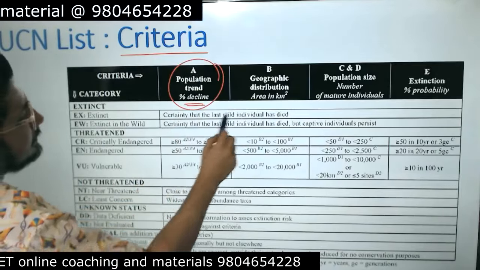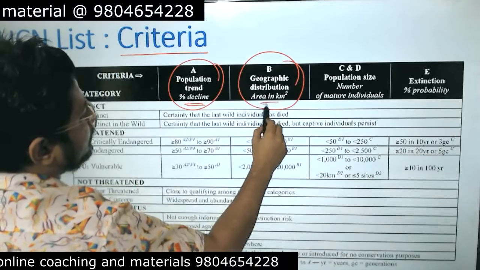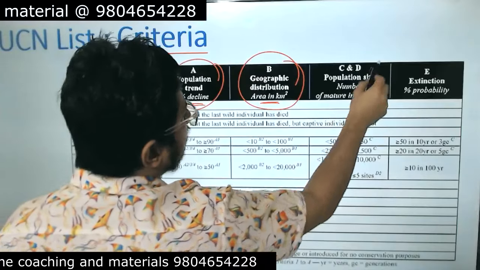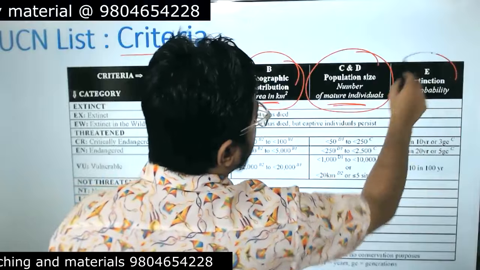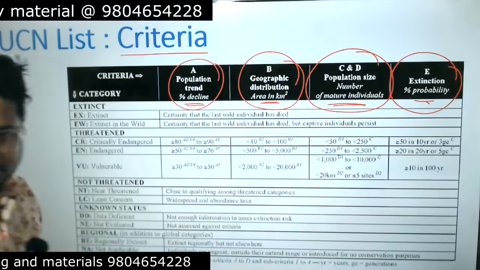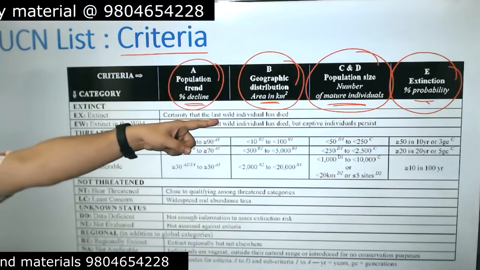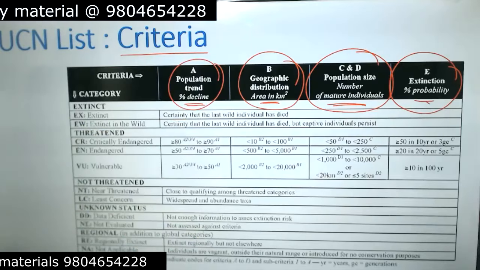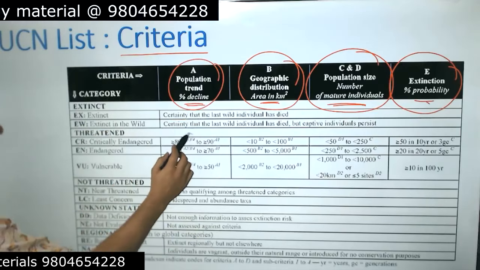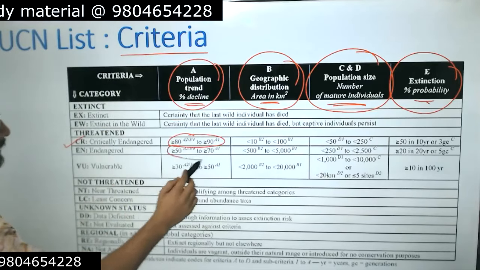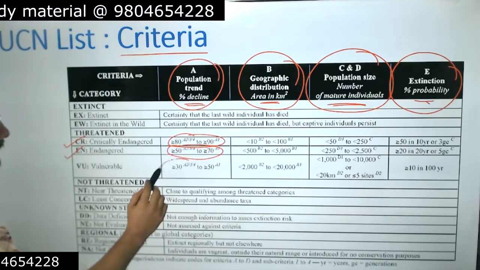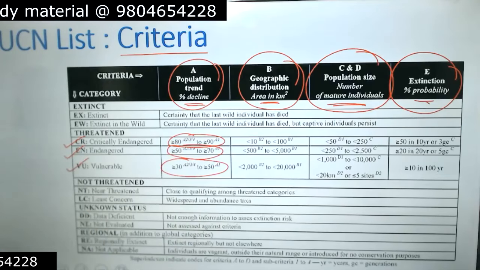Percentage decline, geographical distribution in area per square kilometer, population size, number of mature individuals, and extinction probability. All these, A, B, C, D, E, five criteria are listed, and you can see the ranges. If it is 80 to 90, then critically endangered. If it is 50 to 70, endangered. 30 to 50, vulnerable.